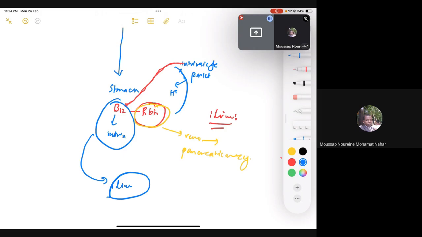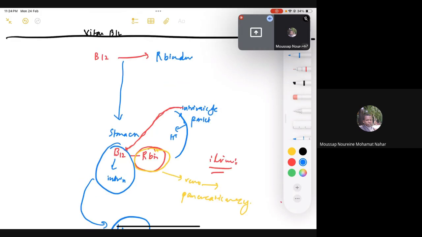For example, if I'm consuming some meat, our salivary glands are first going to remove the B12 from that meat, because we need B12. In your mouth, in your salivary gland, you have R binder. It's going to attach R binder to your B12. All of this happens in your salivary glands, or simply in your mouth. Is that clear?